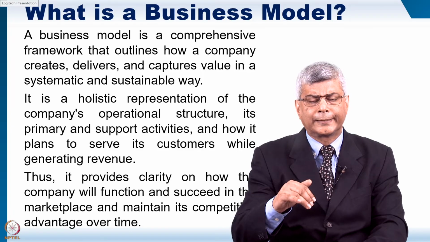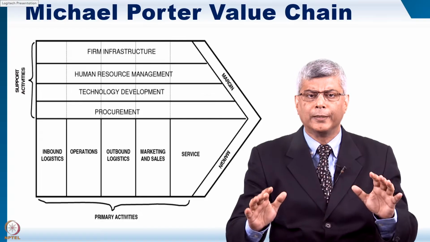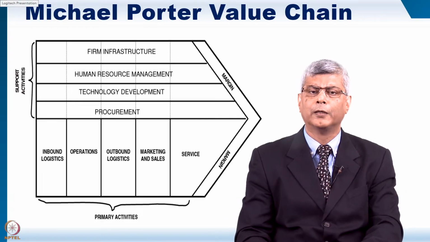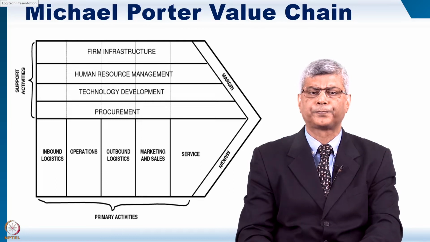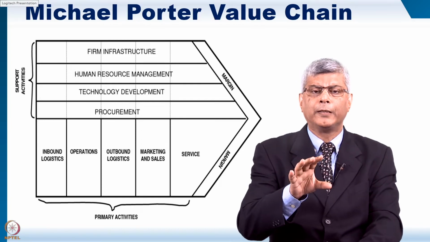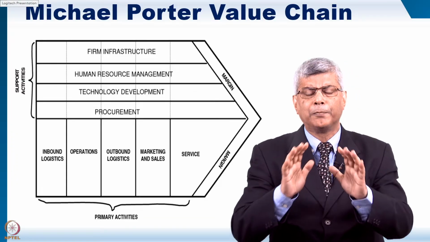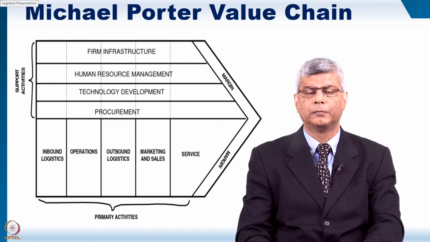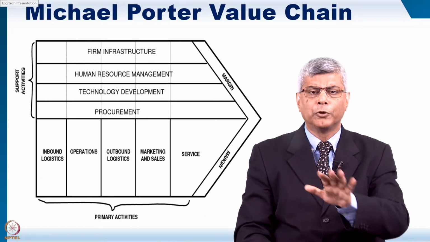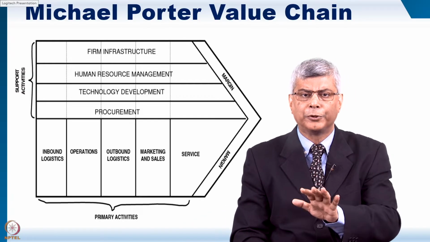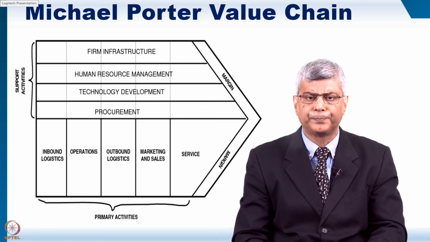In my very first module, I talked about the value chain, which was first defined by a very famous person called Michael Porter. So the picture on the screen, which I also shared in module 1, is a very simple depiction, and we'll look at examples in a while, of how you can define the value chain or the business model of a company.